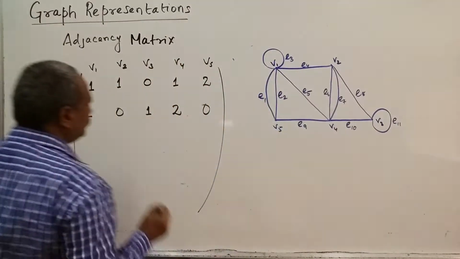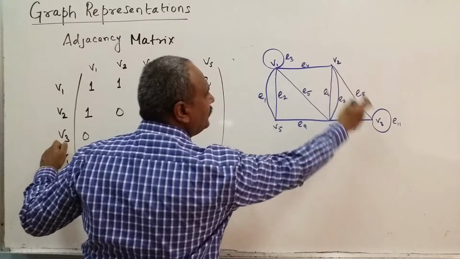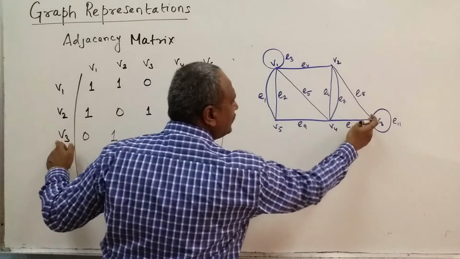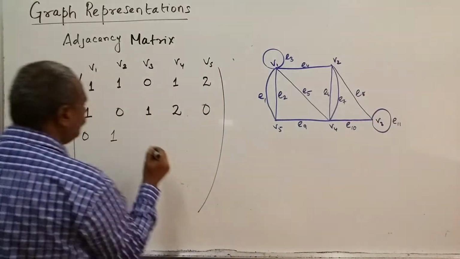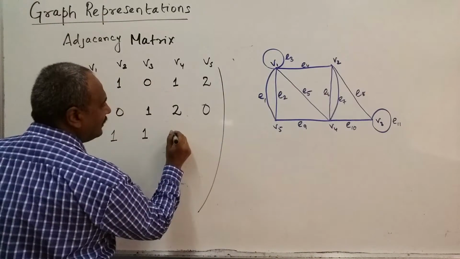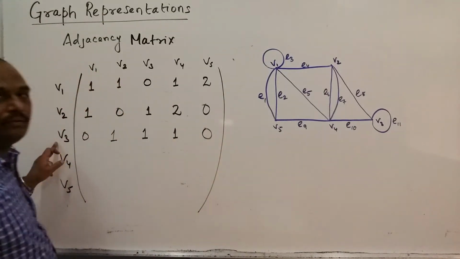V3, V1, there is no link. V3, V2, there is an edge, only one edge. V3, yes, it is having a loop. V3, V4, it is having an edge, and there is no link with V5.